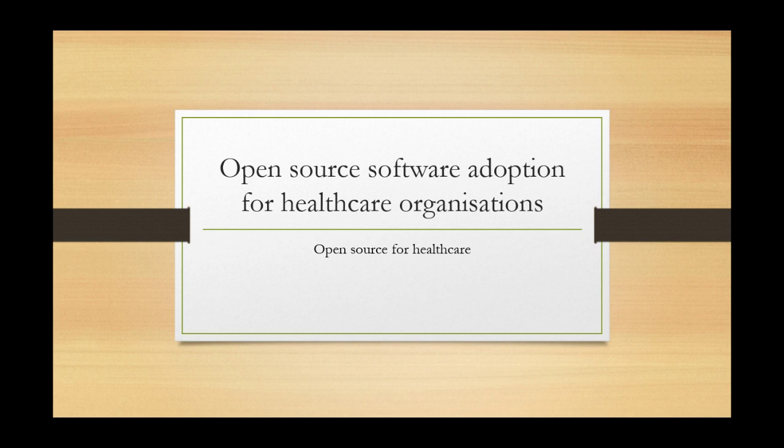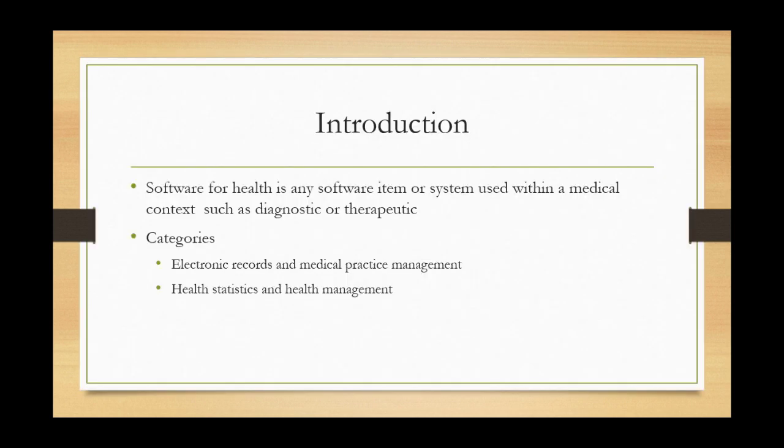So in this video, we'll start by talking about open source software for healthcare. What is it? In fact, open source software for healthcare is any kind of software for healthcare which is used within a medical context, and it is used for such activities as diagnosis and therapeutic activities.